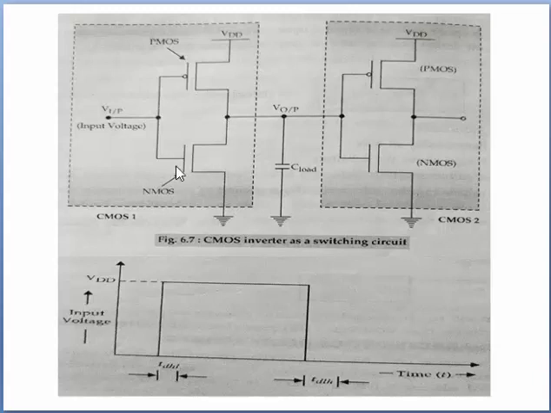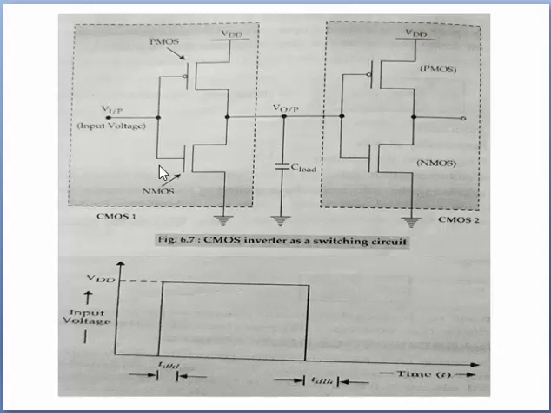We have also discussed the construction and working of the CMOS inverter, in which the PMOS transistor is used as a pull up transistor, whereas the NMOS transistor is used as a pull down transistor. When the input voltage is 0, then PMOS is in the on state, that is saturation, and NMOS is in the off state, means in the cutoff region. So it presents a maximum value at the output, that is V output is equal to 1.